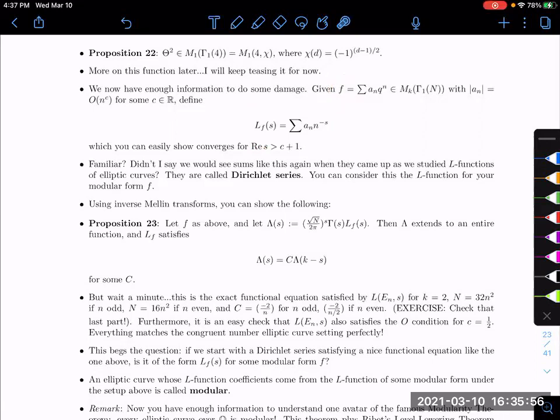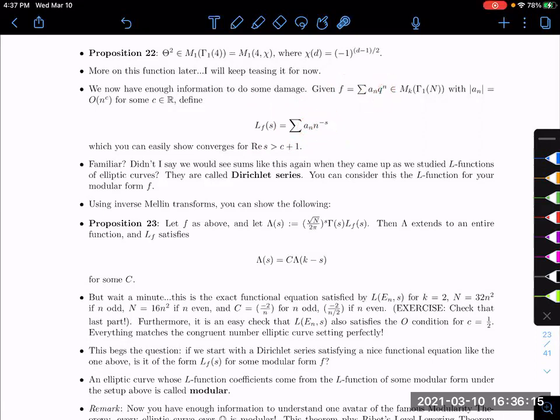What it is, you make an infinite sum with the same coefficients that your modular form had, the a sub n, but you want to turn it into an actual L function looking thing. So you replace the q to the n by n to the negative s.